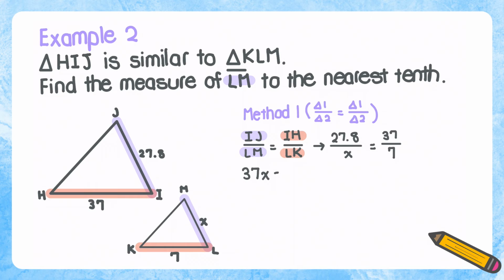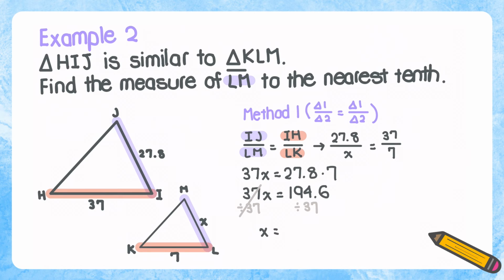By cross multiplying, I get that 37X equals 27.8 times 7. Go ahead and plug this into the calculator. I got 194.6. I'm going to isolate X by dividing both sides by 37.